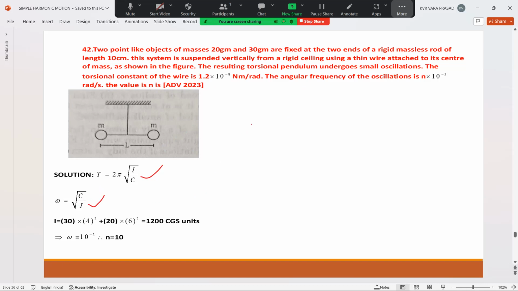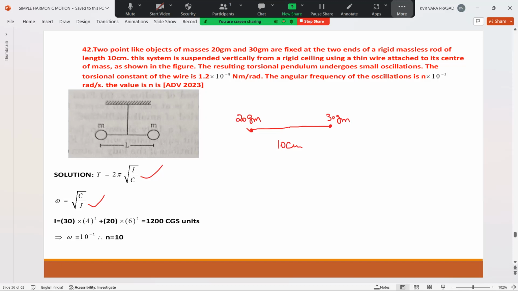And it is given that it passes through the center of mass. I am drawing the diagram here. Length is given, 10 centimeter. Mass is given, 20 gram and 30 gram.